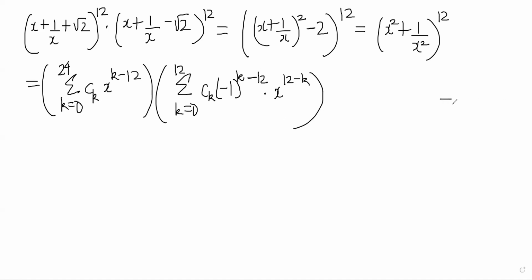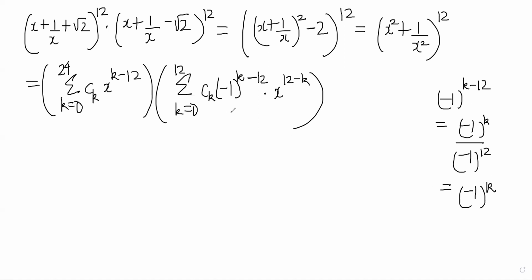Now think about it, minus 1 power k minus 12 is the same thing as minus 1 power k by minus 1 power 12, which is the same thing as minus 1 power k. So instead of writing minus 1 power k minus 12, I'll write it as minus 1 power k. So this is my expression here.